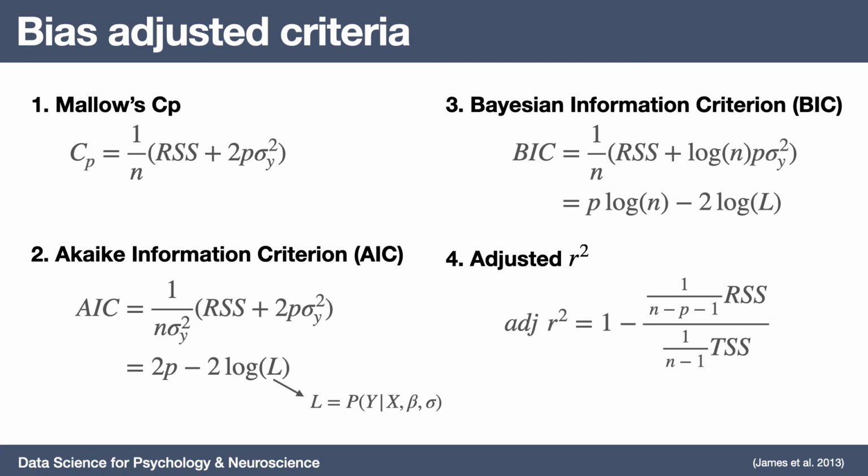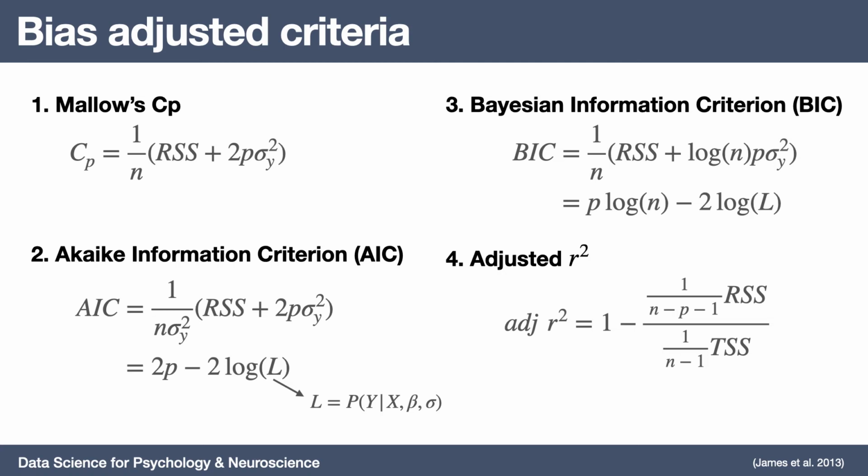So the dimensionality of the problem is in a denominator term that adjusts your residual squared error, and your total squared error is just the degrees of freedom of your observations, n minus 1. In this case, unlike the information criteria or Mallow's CP, higher values of adjusted R-squared are better. So the goal here is to maximize that. It's going to be harder to have a larger R-square with models with larger P.